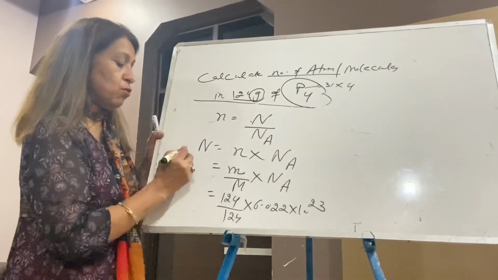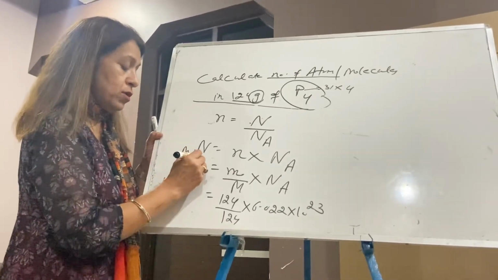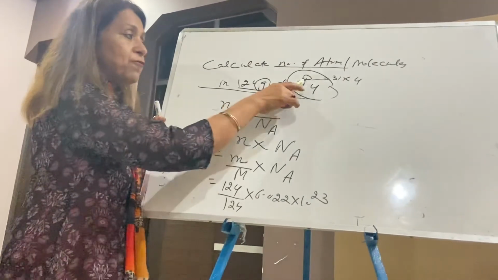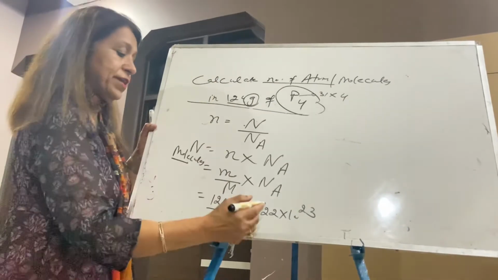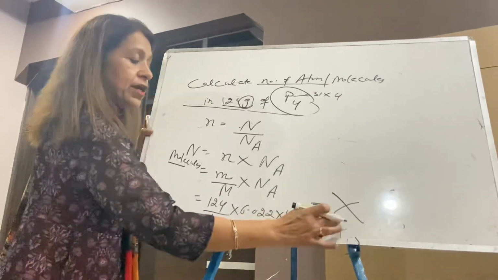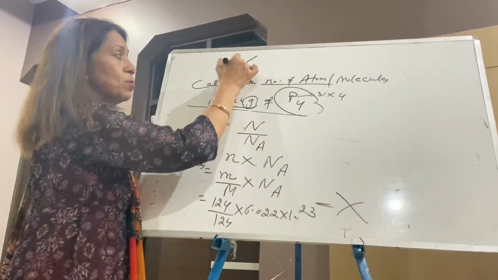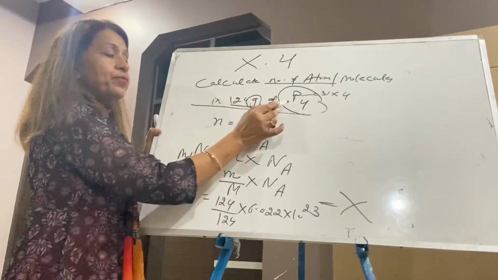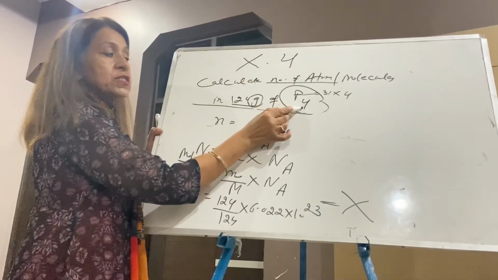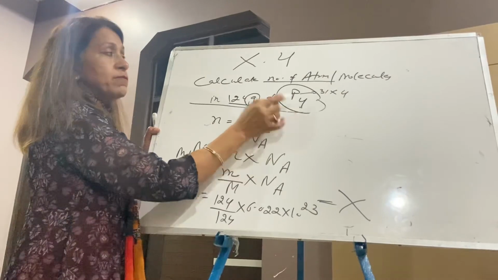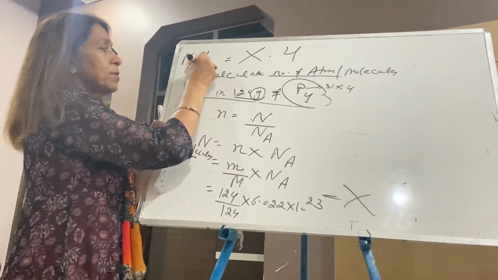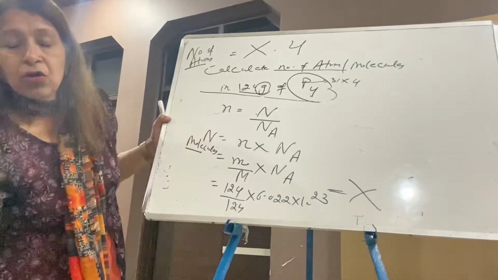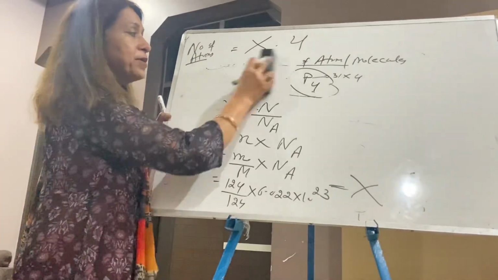So this comes as molecules. Write down, this is molecules, because P4 is a molecule. Now to calculate the atoms, let the answer be X molecules. You multiply X by 4, because the subscript is 4 atoms. So this comes as the number of atoms.